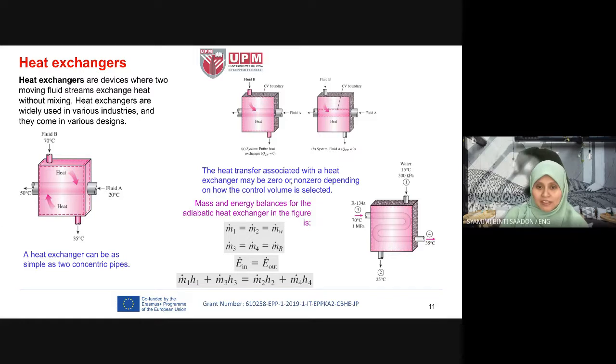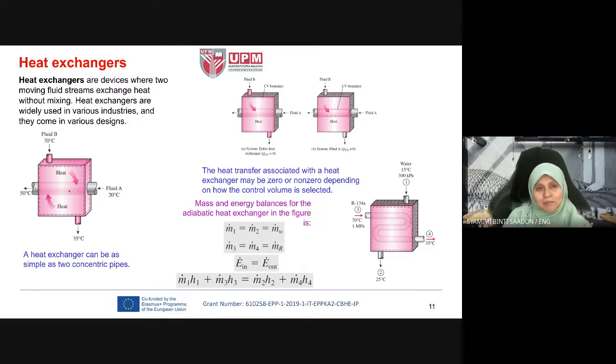Sometimes the heat transfer is zero, meaning the total heat given by B, all of the heat, is going to be received by fluid A. Means, for example, if fluid B has 10 kilojoules of heat, and all of this 10 kilojoules is transferred to fluid A, and fluid A increases in temperature, then the heat transfer of the system is zero.